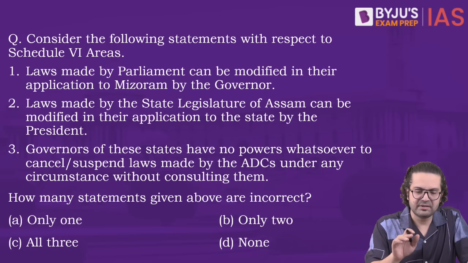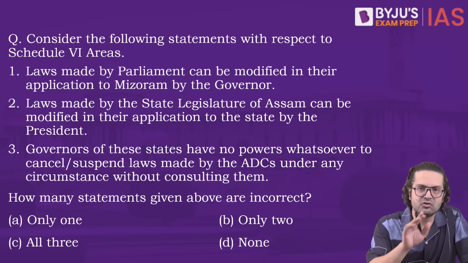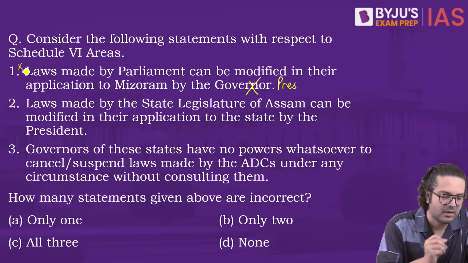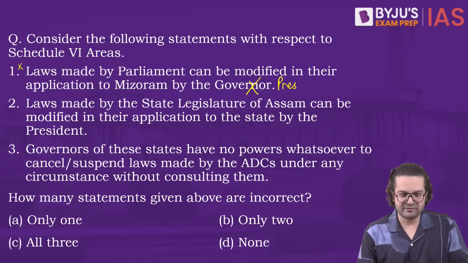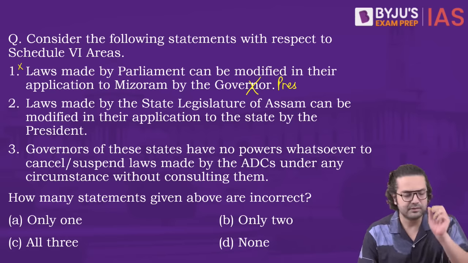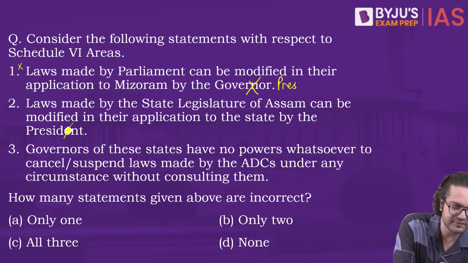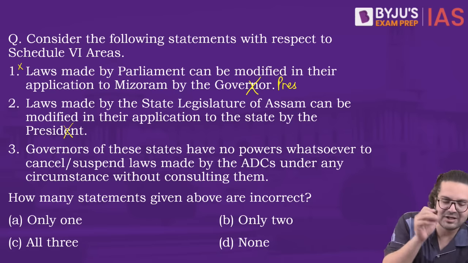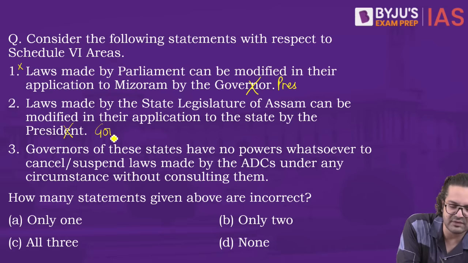Laws made by Parliament can be modified in their application to Mizoram by the President. Number 2. Laws made by the state legislature of Assam can be modified in their application to the state by the President. This is wrong. State made laws or central made laws are to be modified in Assam by the governor only.